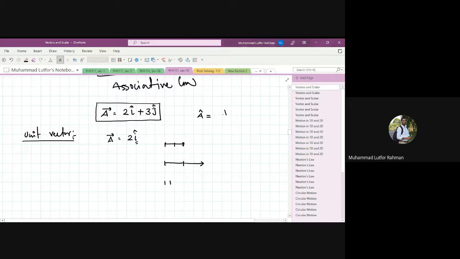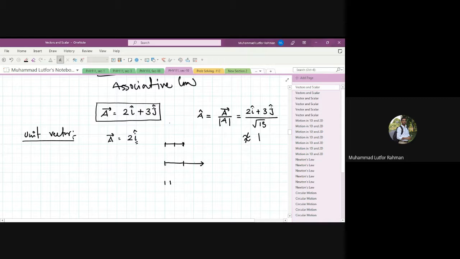According to your definition, it would be the vector divided by the vector magnitude, right? Yes, sir. And this vector is 2i hat plus 3j hat, and 4 plus 9 is 13, so the magnitude is root 13. So the magnitude is not equal to 1. It's not always true that the magnitude will be 1.